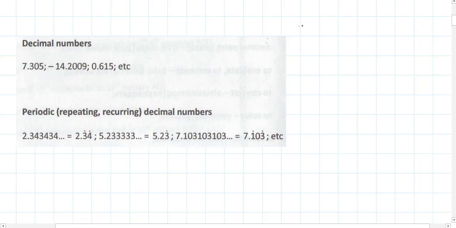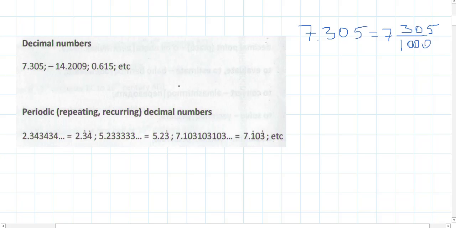If we want to write this number as a fraction, it will be 7 and 305 over 1000. How many zeros do we have in the denominator? We have three zeros here.